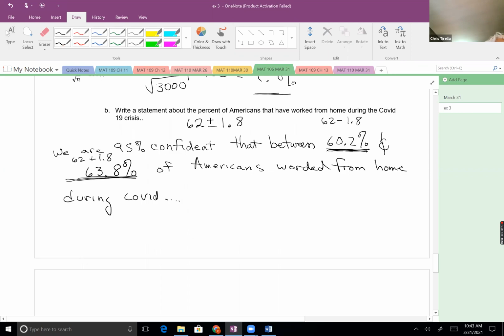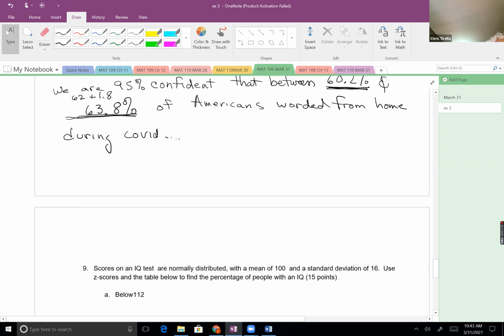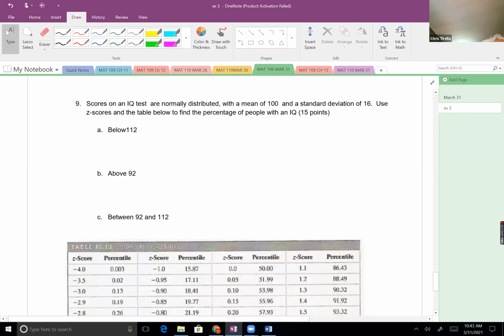Then the last question asks us to use z-scores to find percentages above and below certain values. Here we're looking at IQ tests that are normally distributed with a mean of 100 and a standard deviation of 16.